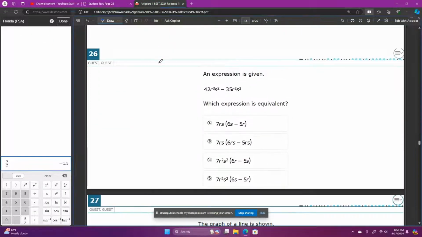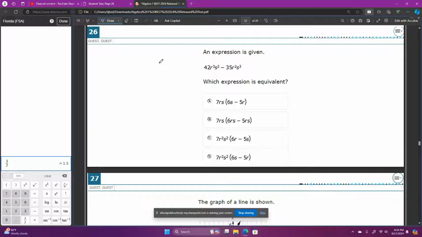Question number 26 says an expression is given, which expression is equivalent. Here you can look that you have something outside of parentheses and know that you are using the distributive property. R times 1 is not R cubed, so that's not it.